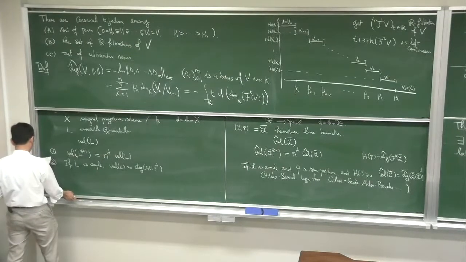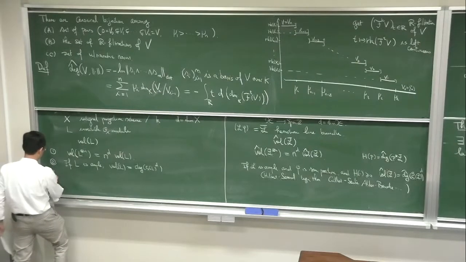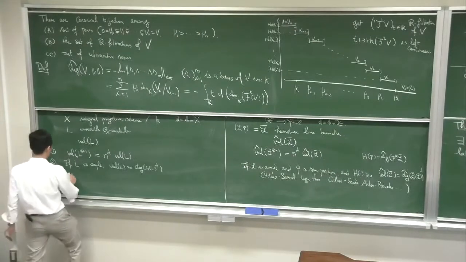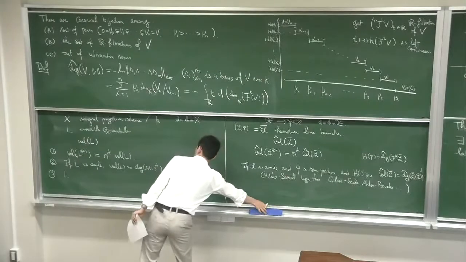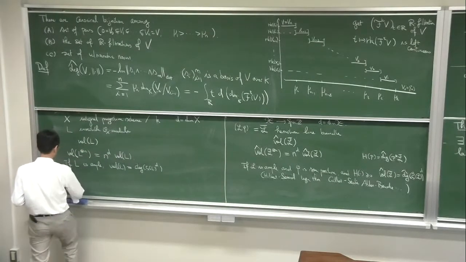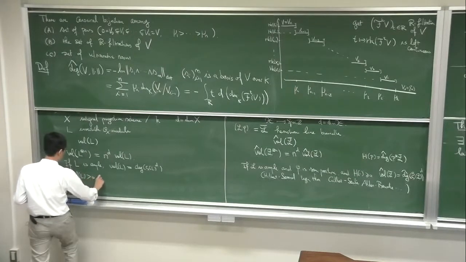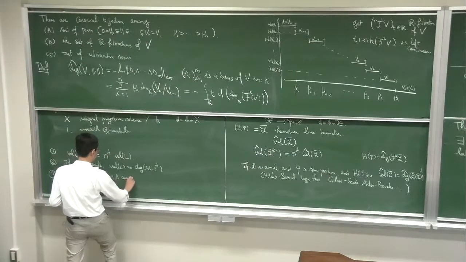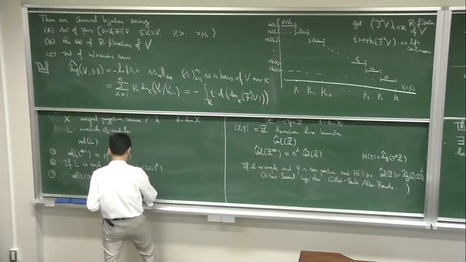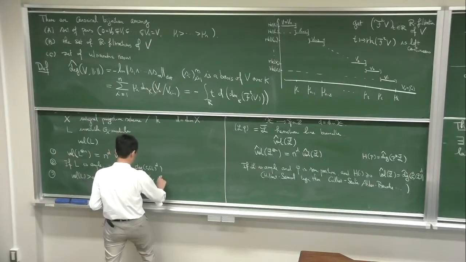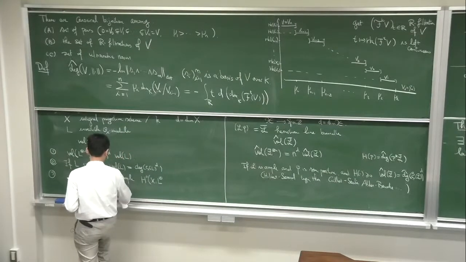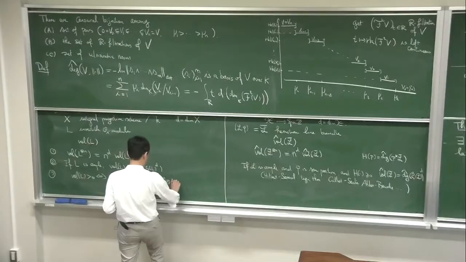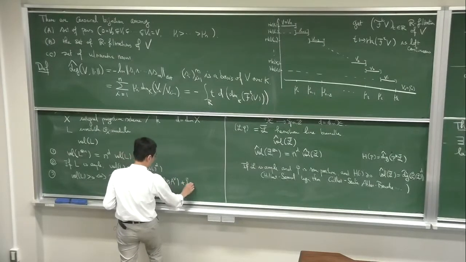So for example, L is big, so the volume of L is positive, if and only if you can find some A ample such that H0 of X, L to the power n tensor A dual is not 0, for some n.